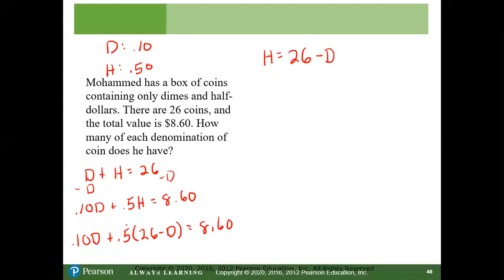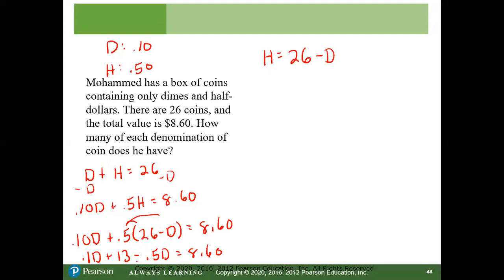We can then distribute the 0.5 into the set of parentheses to get rid of the parentheses. So we've got 0.1D plus 13 minus 0.5D is equal to 8.60.